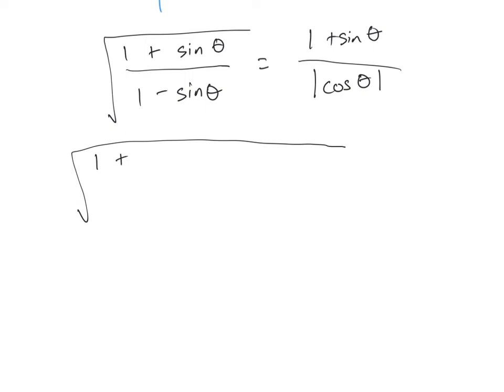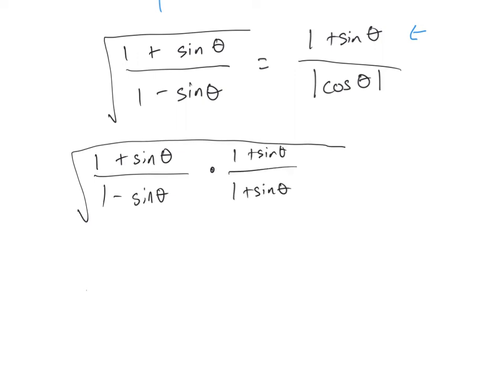So I'm going to manipulate. I know that the numerator here is 1 plus sine of theta. So I'm going to multiply the numerator and the denominator by 1 plus the sine of theta.